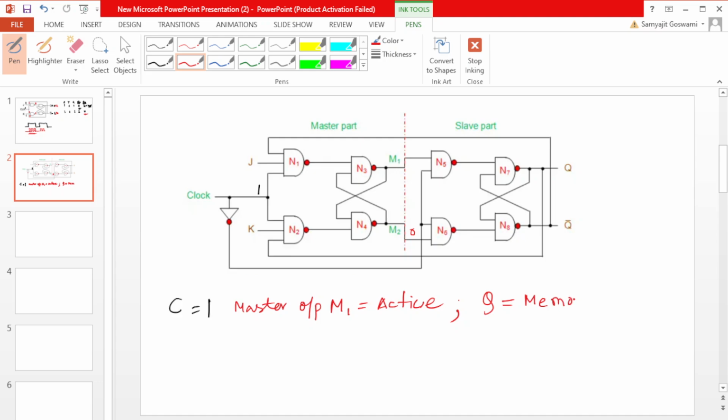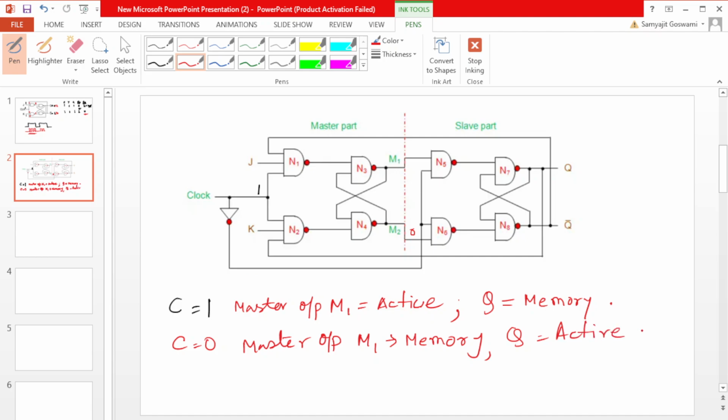And when the clock is 0, then the master output, that means M1, is memory, and Q is active. In this way it works.